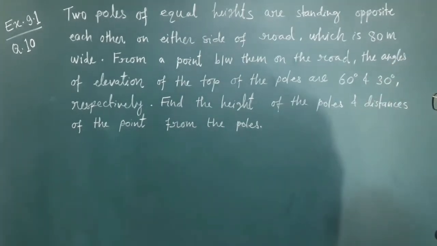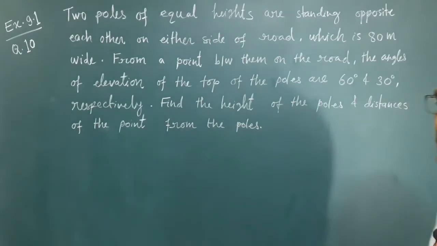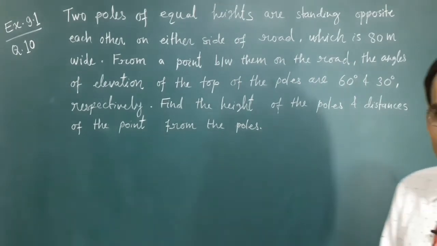From a point between them on the road, the angles of elevation of the top of the poles are 60 degree and 30 degree respectively. Find the height of the poles and the distances of the point from the poles.